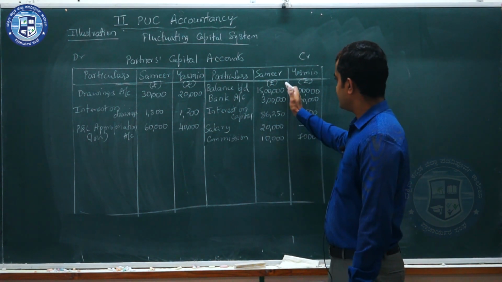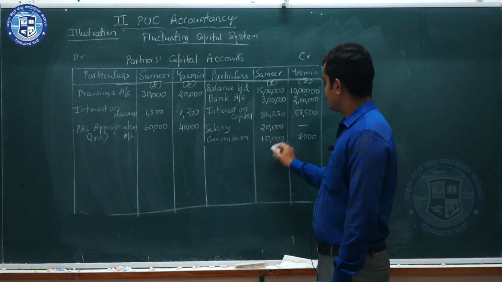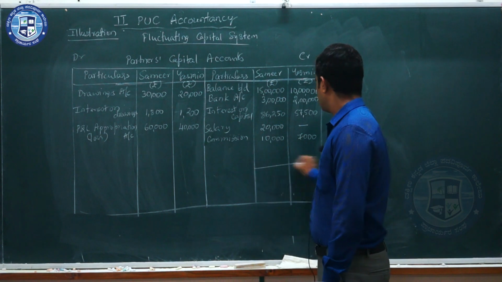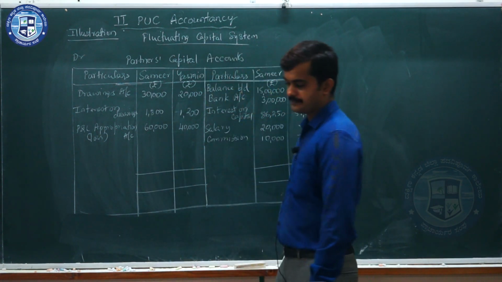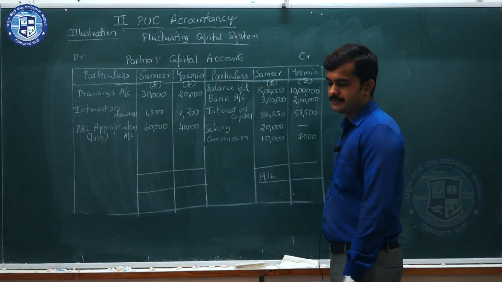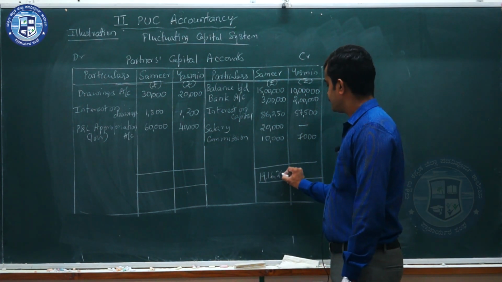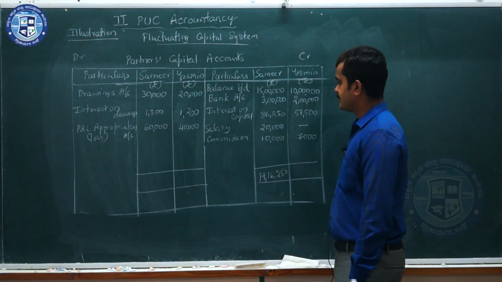So on the credit side, Samir has total worth 19,16,250. So we have to add up all the items on the credit side.